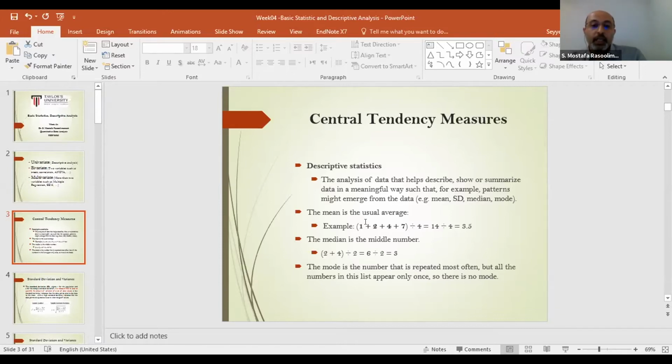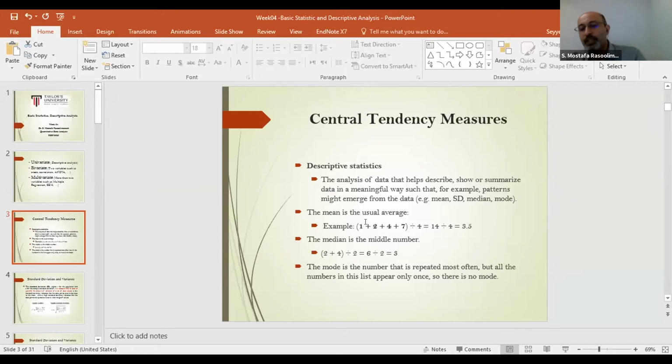These three basic concepts are mean, median, and mode. We call these three concepts central tendency measures. Based on these basic concepts, we can understand the behavior of our variable.